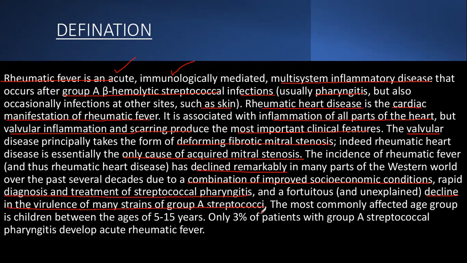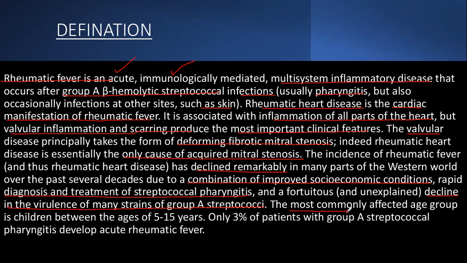This is in the Western world, but in developing countries such as Kenya, this still affects many people because the socioeconomic conditions are still not so good, and the diagnosis and treatment of streptococcal pharyngitis is still not that rapid, okay?